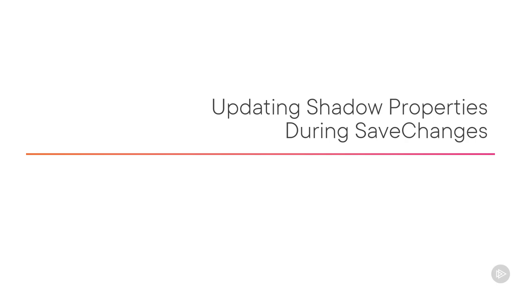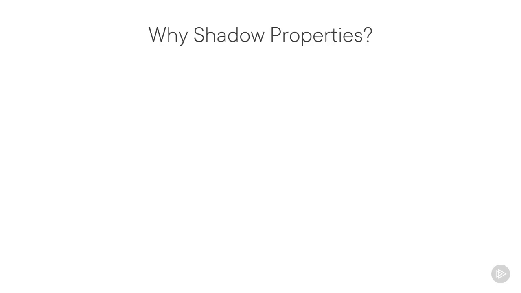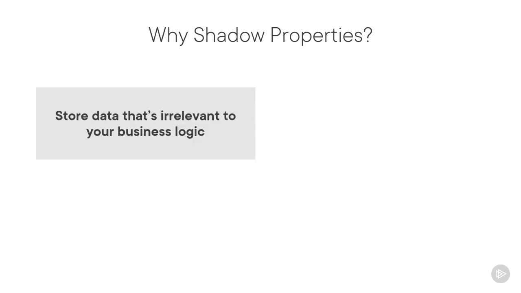Here's an example of a common use for overriding SaveChanges, setting the values of the shadow properties. I didn't spend a lot of time talking about shadow properties earlier, so I do want to make sure you do understand what they're for. They're a really, really cool feature that lets you store data in your database that's not relevant to your business logic.